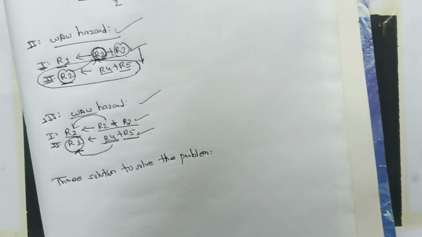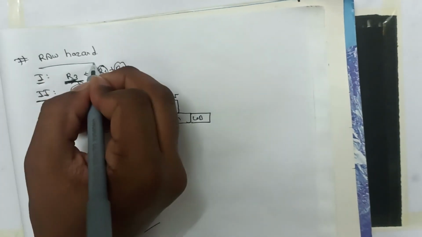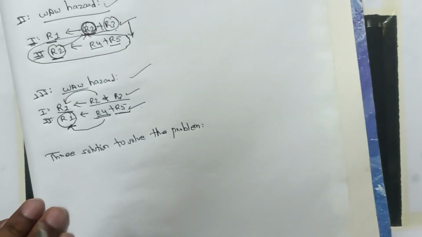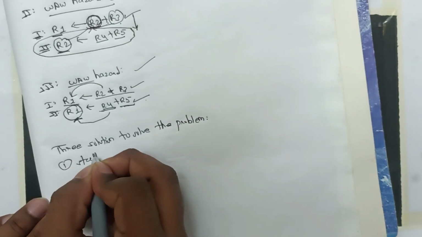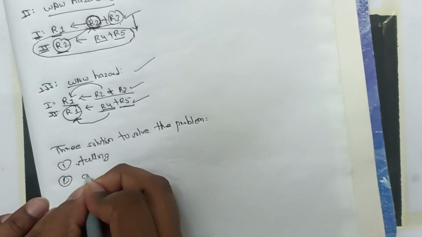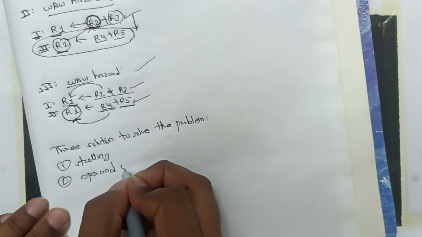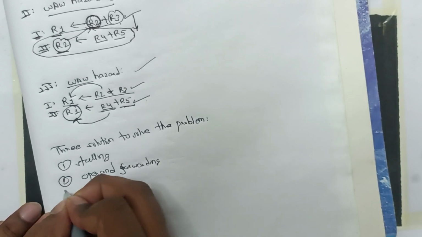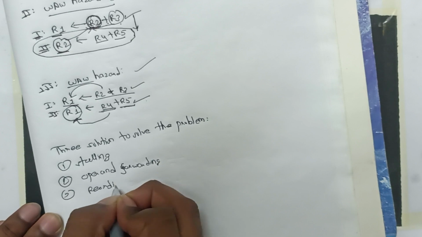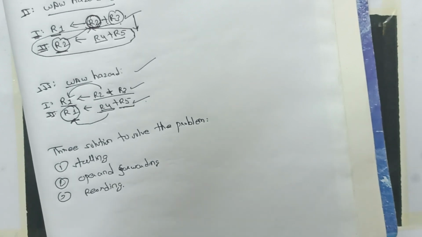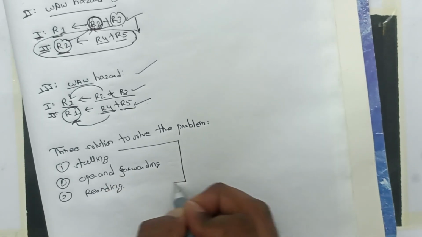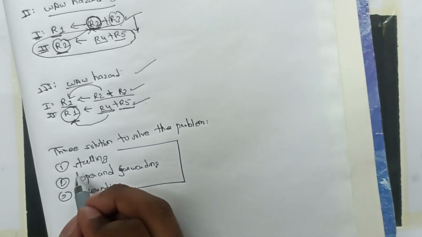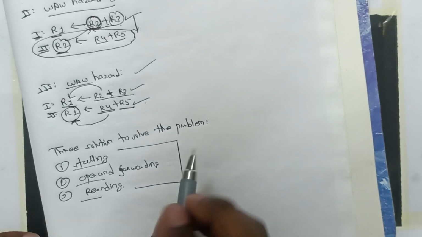So in this chapter we are only going to deal with the RAW hazard, how to overcome or stop it. The first solution is stalling. Second is operand forwarding. And third one is reordering. I will teach you how to solve the RAW hazard using these three methods in the next video. Thank you.